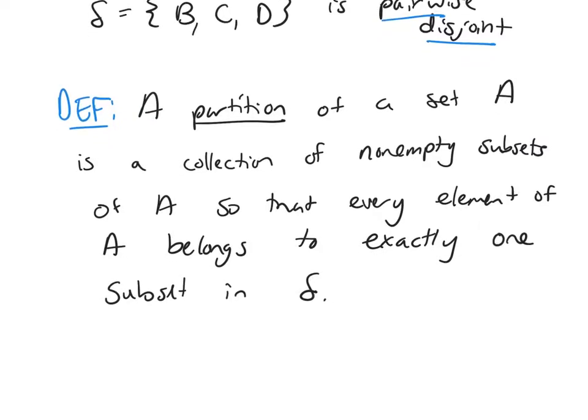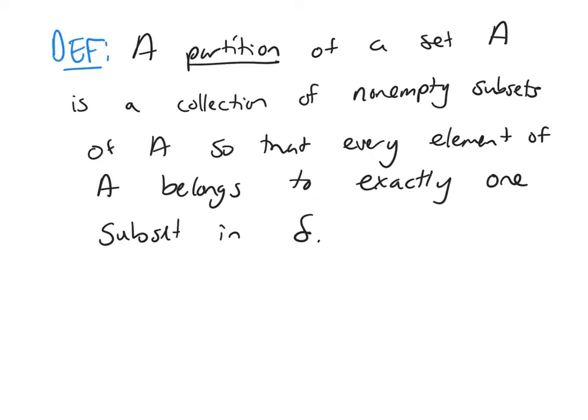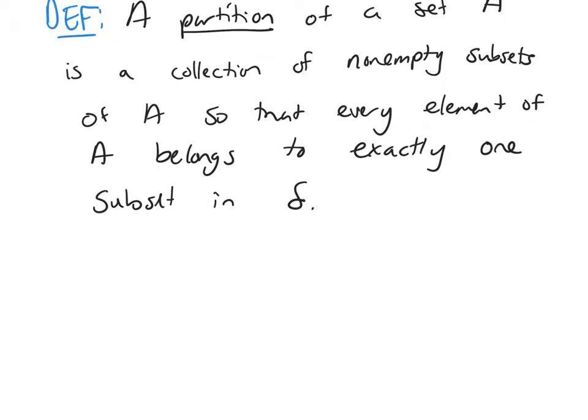So there's really like three conditions for a partition. I'll just write them out here. The first one is that none of those sets can be the empty set. For all X in my collection, so my collection of subsets cannot contain the empty set.